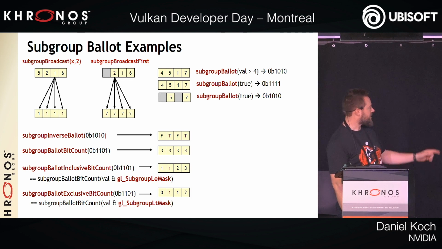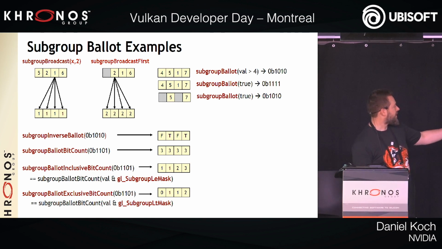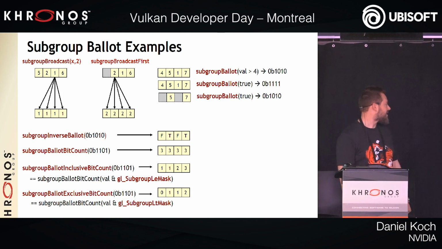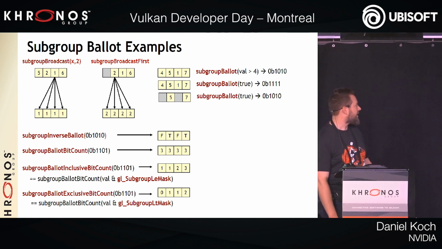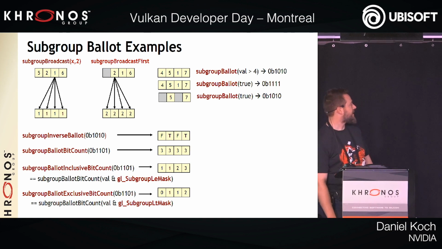So it gives you 1, 1, 2, 3. Another way of looking at this is it's the same as subgroup ballot bit count of value and the subgroup LE mask, less than or equal mask. And similarly for the exclusive bit count.